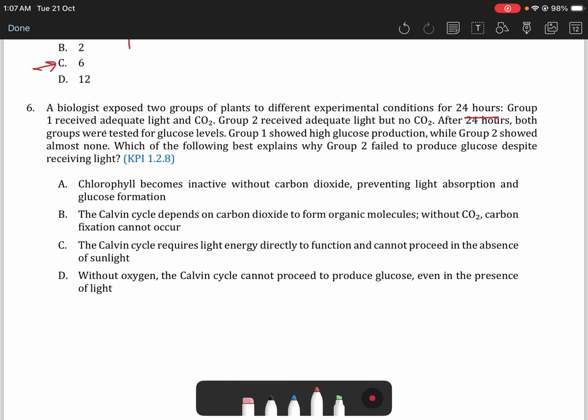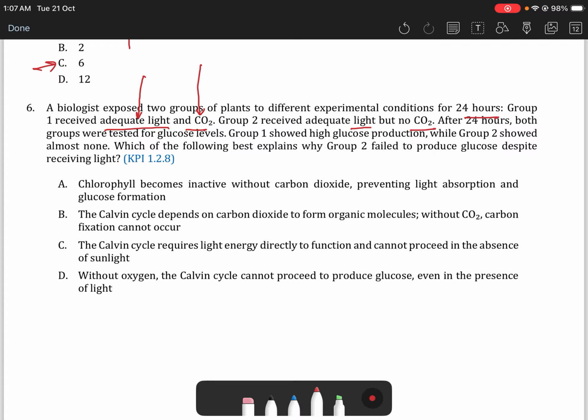Group 1 received adequate light and CO2, and group 2 received light but no CO2. After 24 hours, both groups were tested, and group 1 showed high glucose production because group 1 was in light and it was having CO2, and it was given all other supplies.